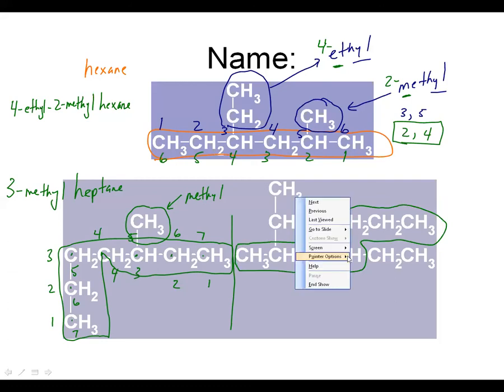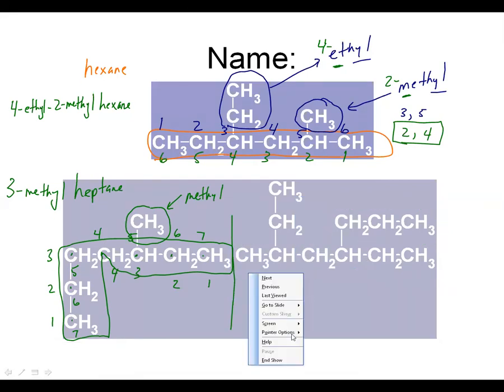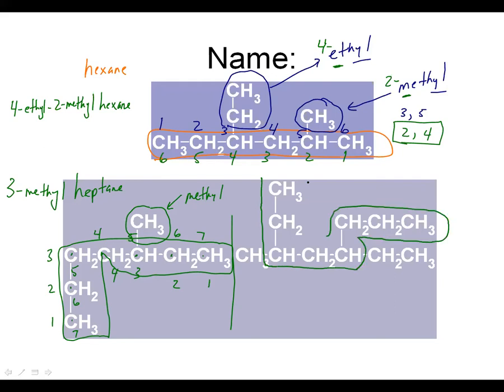But again, you always want to sort of try all your options. So if we perhaps start up here, come down, come across, and then go up. If we count how many carbons are in there, that is 1, 2, 3, 4, 5, 6, 7, and 8 carbons.